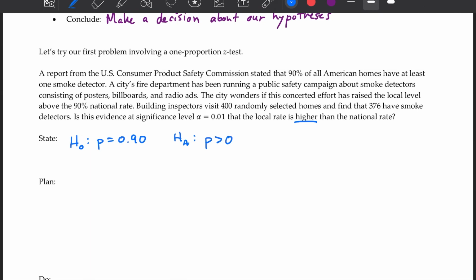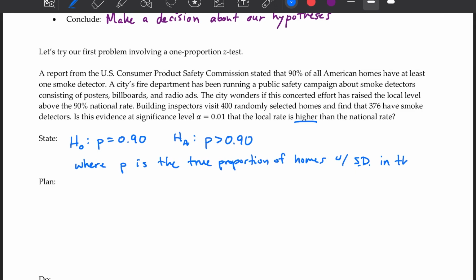So we're interested in, is this bigger than 0.90? Where P is the true proportion of homes with smoke detectors in this city.